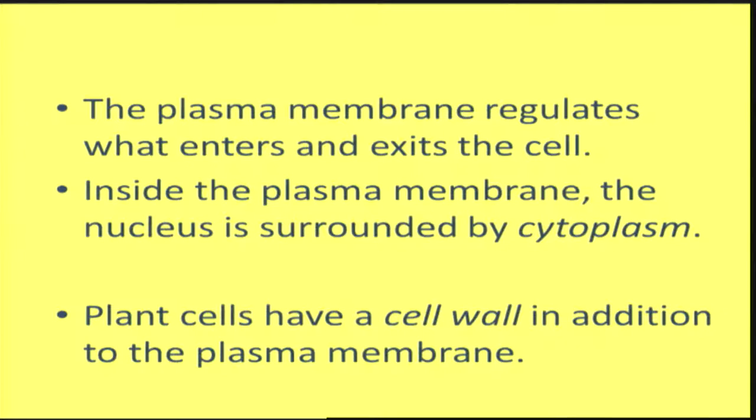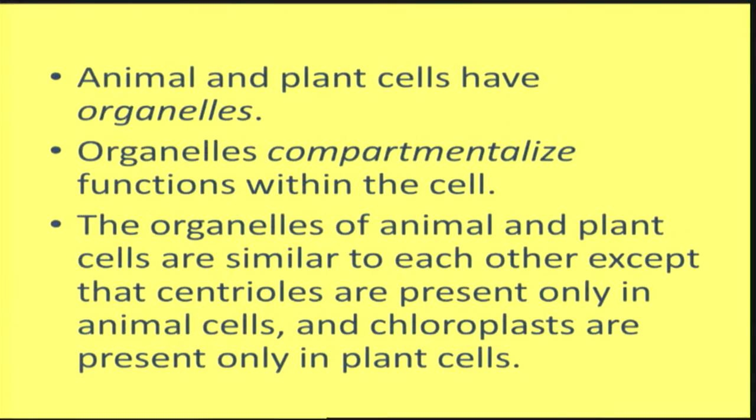Plants have a cell wall in addition to the plasma membrane, whereas animal cells lack the cell wall. There is only the presence of the plasma membrane. So animal and plant cells have different organelles.